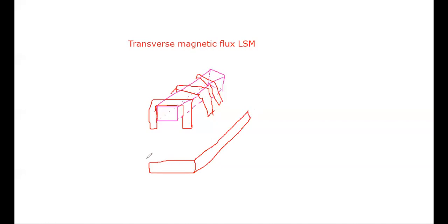Now, where are we going to keep the magnet? We are going to place a magnet below the core of the primary. Here there is a core, and here we place a magnet.